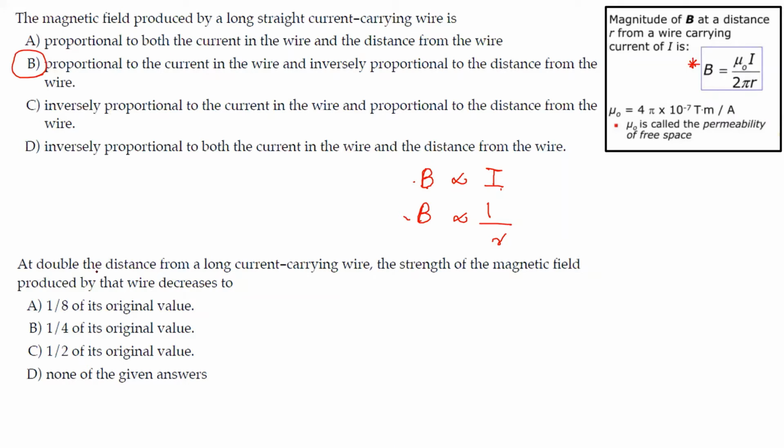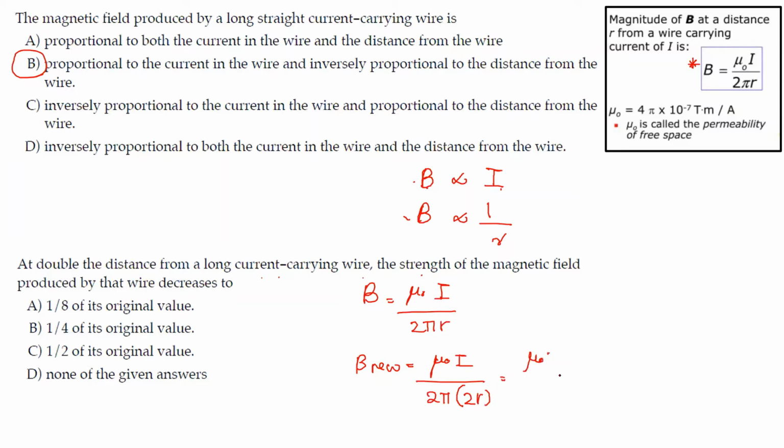Second one: at double the distance from a long current carrying wire, the strength of the magnetic field. So this is the first scenario where you don't do anything. And the second case is when you double the distance. So now your distance is not r, it is 2r.